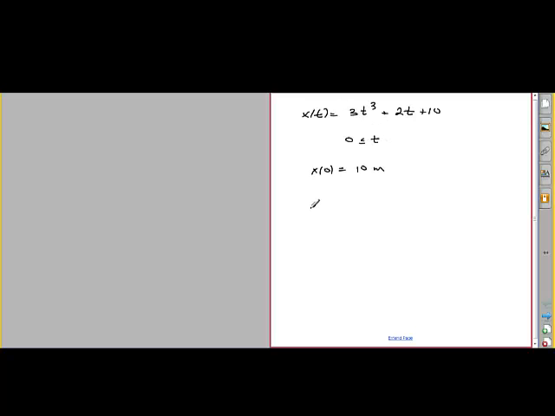One thing is, if these are in units of meters, this constant is going to have units of meters per second cubed. And this is going to have units of meters per second. And the last is going to have units of meters.